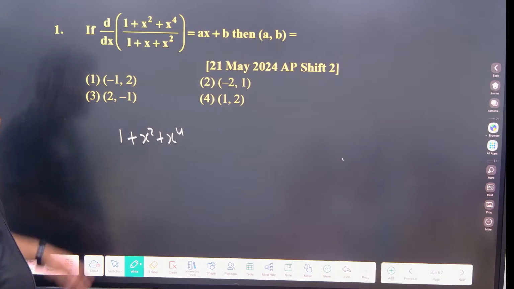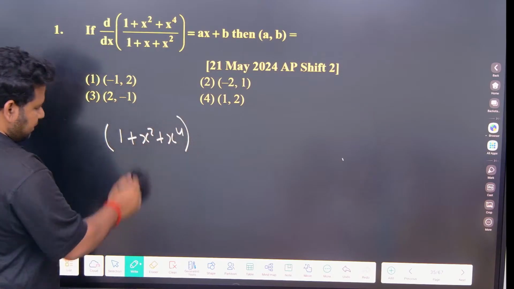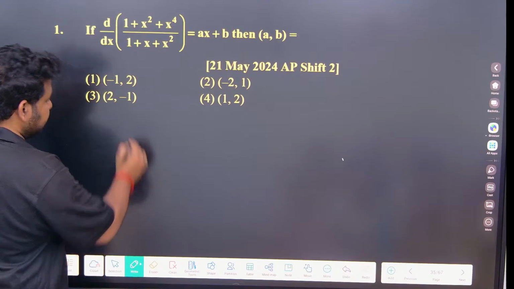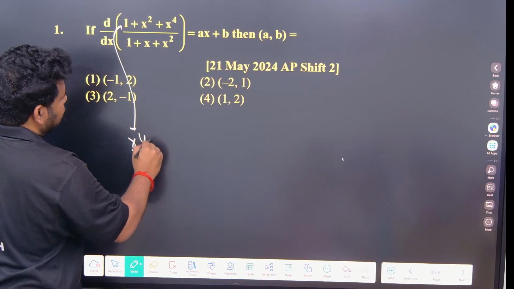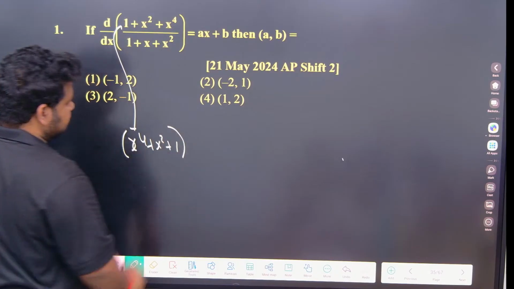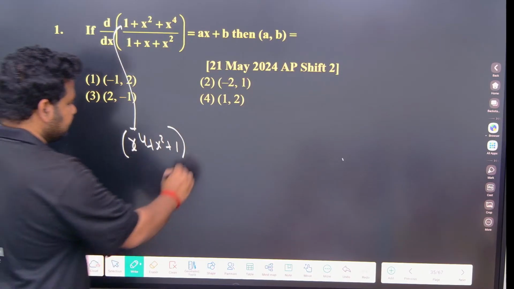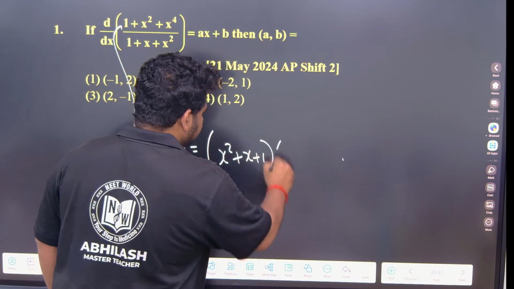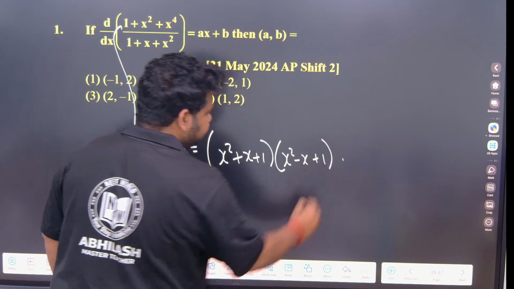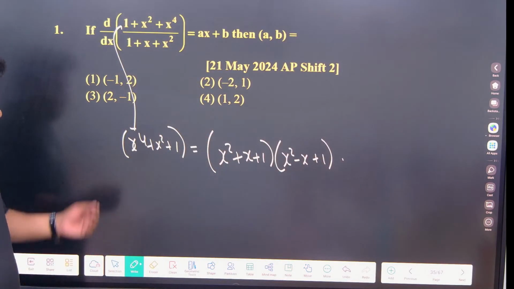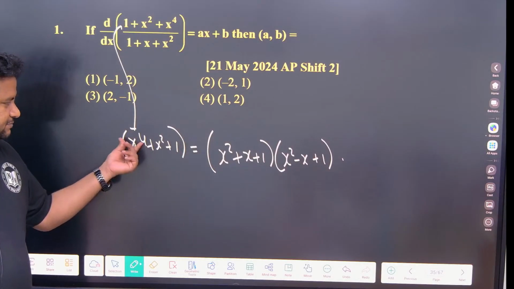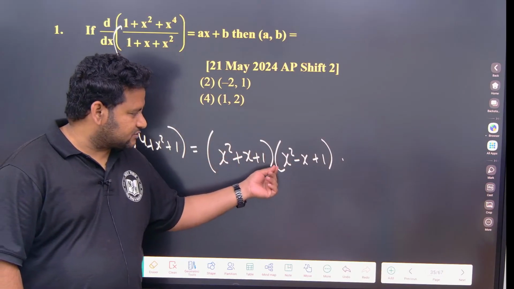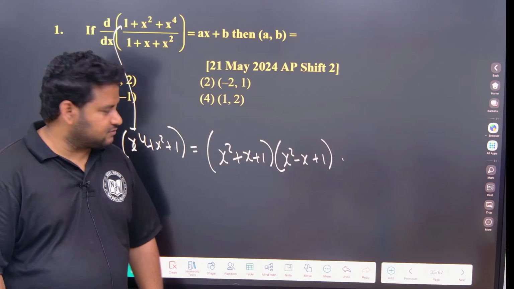This can be written as x power 4 plus x square plus 1. And x power 4 plus x square plus 1 can be written as x square plus x plus 1 into x square minus x plus 1.